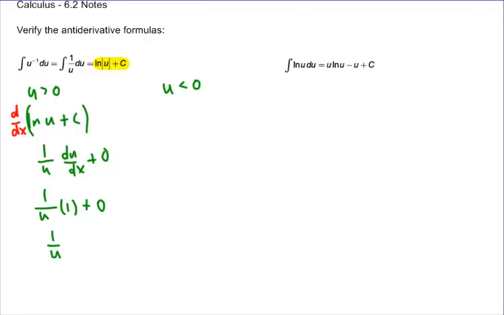If u is less than 0, then when we take the derivative, what I've got is the natural log of negative u plus c. So I'm going to end up with 1 over negative u times du dx plus 0.